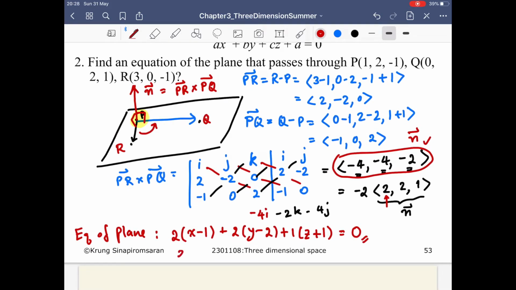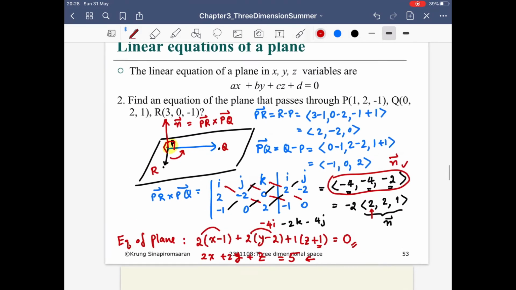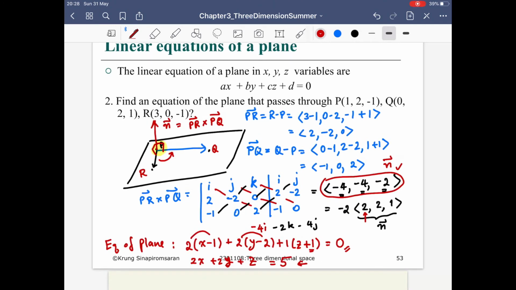However, if you want, then here is 2x and 2y and z equals what? Here is -2, -4, so it's -6, and then 1, so it's -5, so it equals 5. So this can be your final answer as well if you like. This is the equation of the plane that is passing through these 3 given points. So what does this mean?